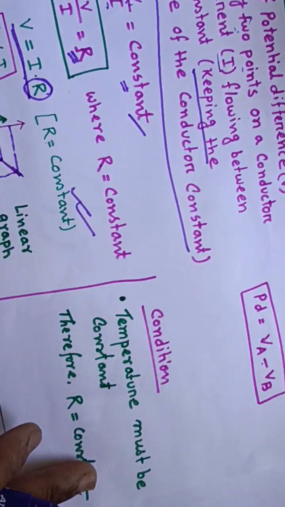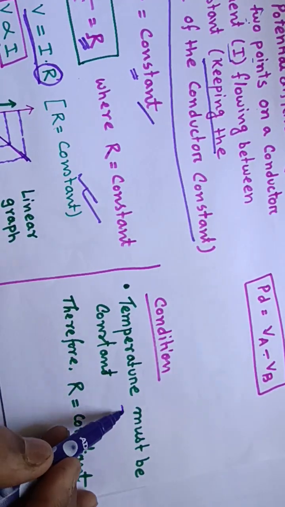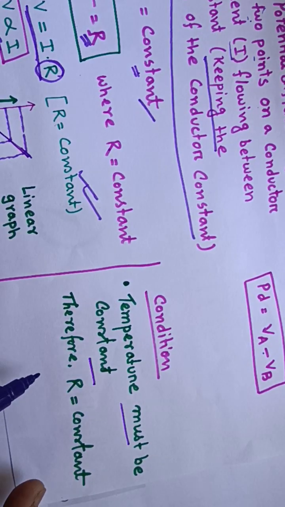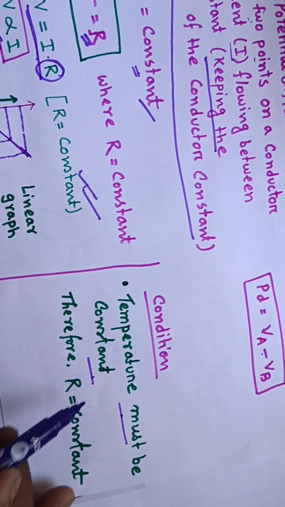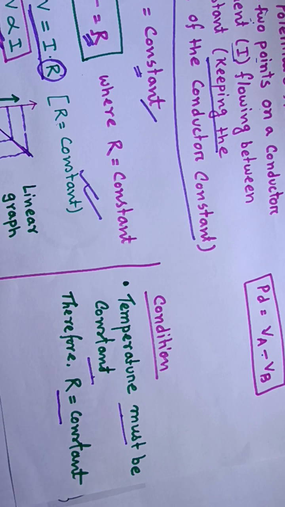The only condition is temperature must be constant, right? If the temperature remains constant, then its corresponding resistance also remain constant. Okay, so this is all about the concept of potential difference and Ohm's law, right?